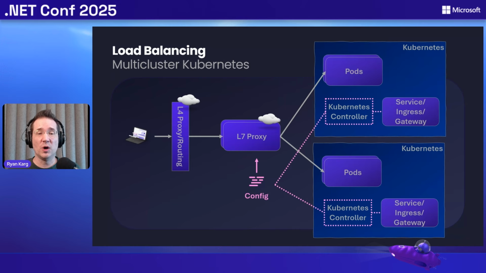And we want to somehow combine these portions of configuration from each cluster into a single config that we can then apply to the layer 7 proxy. And then the proxy is able to route to the backend in either of the clusters that we've shown here, since both of them run workloads for that service.